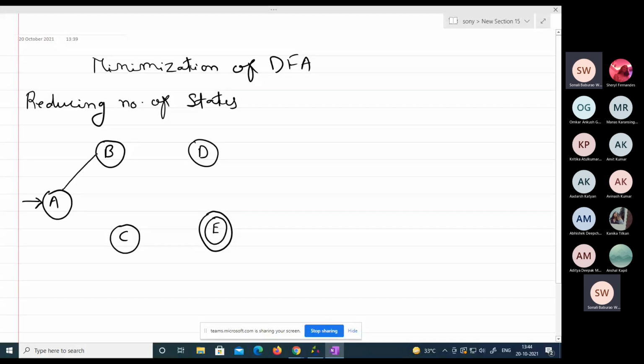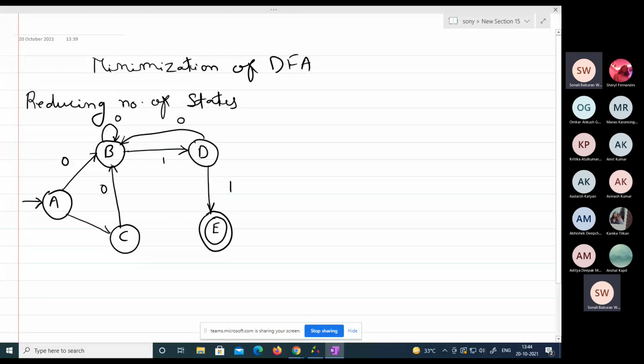A is my initial state and E is my final state. I have transitions going from A to B, B itself, B to D. I have it as 1. Similarly, I can have one more transition over here as 0. Then over here, I can have 1. Here also, I can have 0.